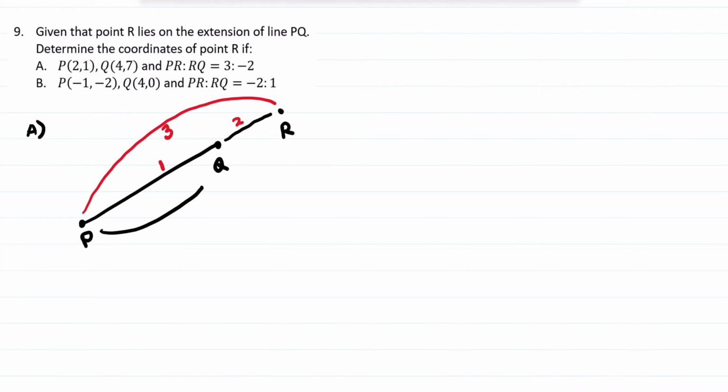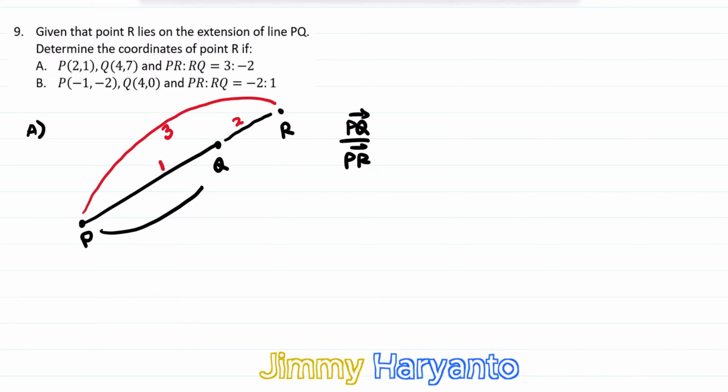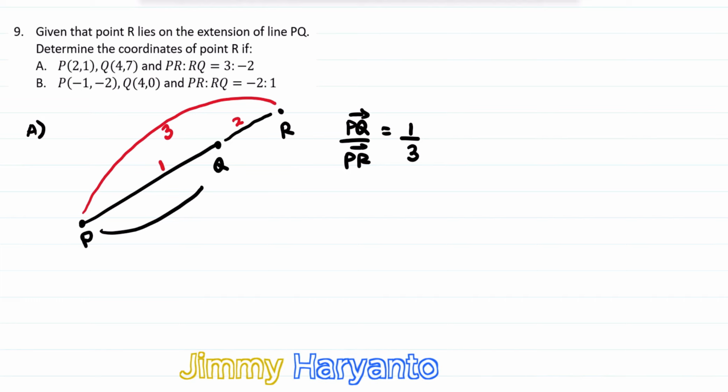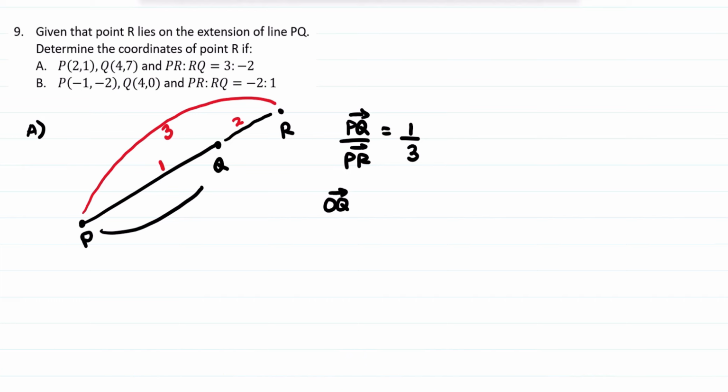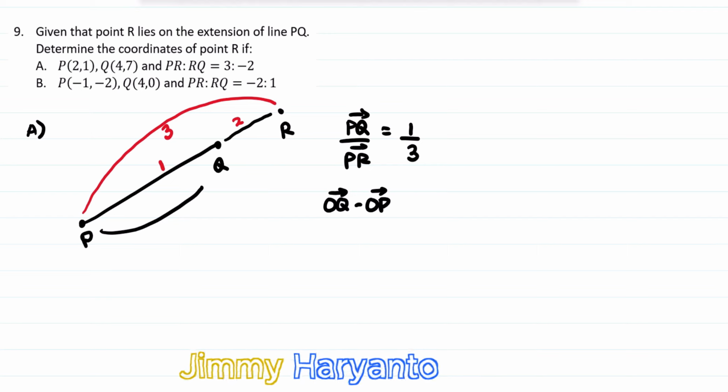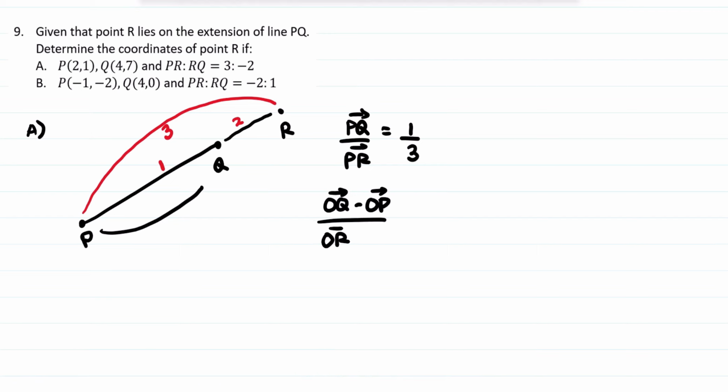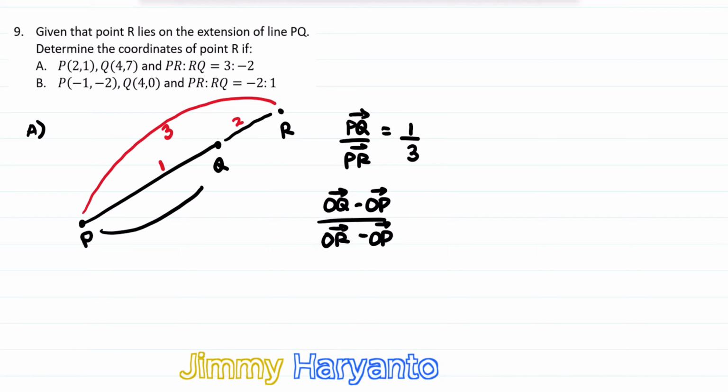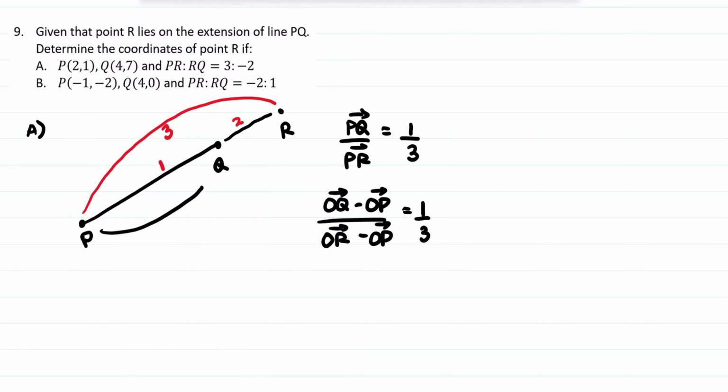I will take PQ and PR. So PQ over PR equals 1 over 3. That means OQ minus OP over OR minus OP equals 1 over 3.